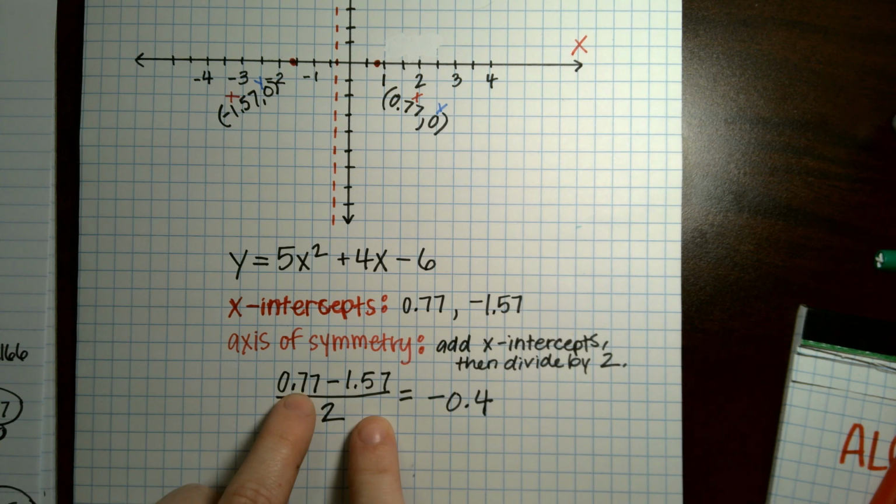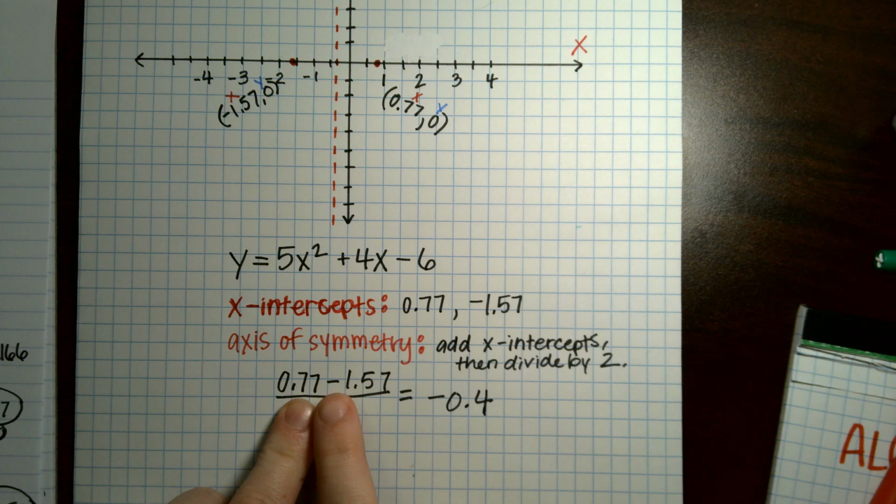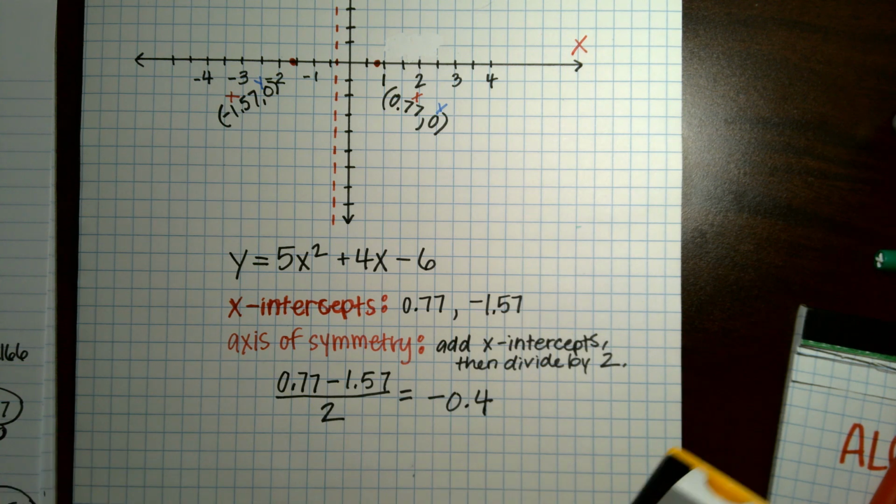So I did 0.77 plus negative 1.57. Got that answer. And then I divided it by 2. You have to use parentheses if you want to do it all in one go.